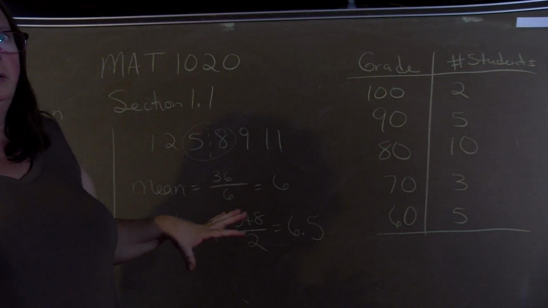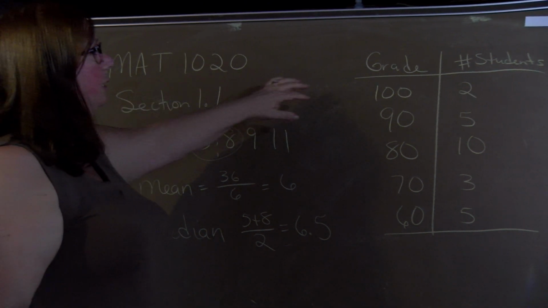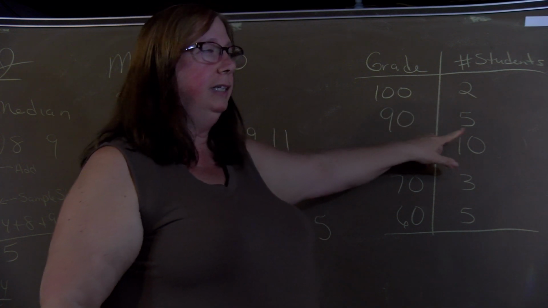So if this were the grades on a test, to find the average grade, you couldn't just add these up because 2 people had 100, 5 had 90s.